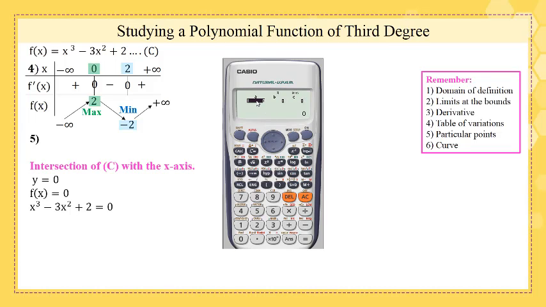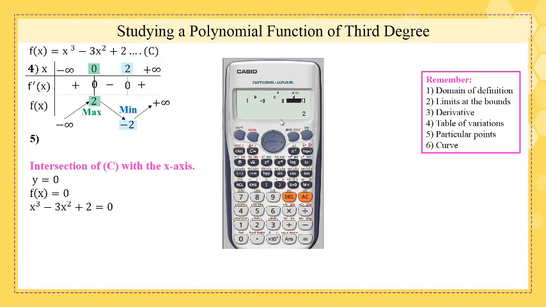A equals 1. Press 1 equal. B equals minus 3. Press minus 3 equal. C equals 0. So press 0 equal. And D equals 2. Press 2 equal.